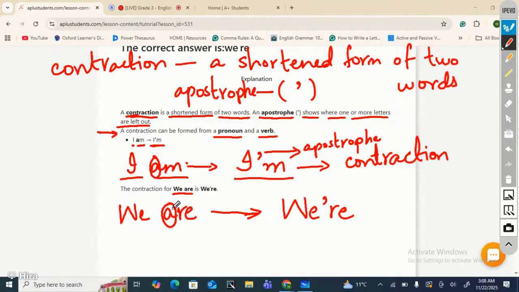Letter A of the verb are is left out and no change in the pronoun. And in its place, apostrophe is added and it shows contraction. It shows here one letter is left out.